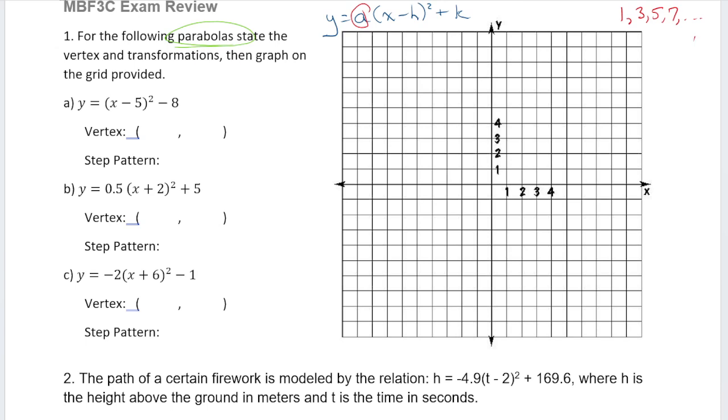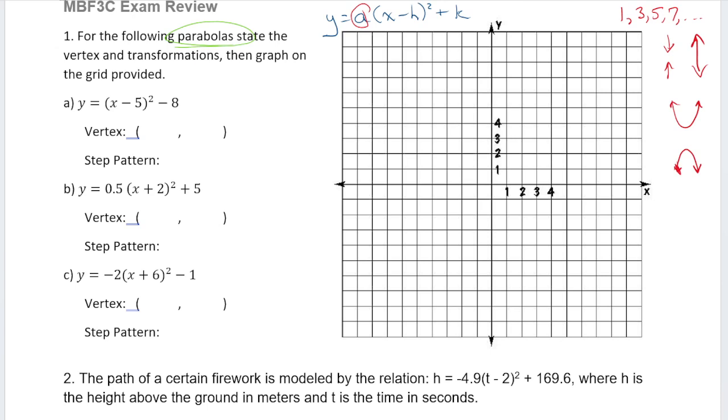It's going to stretch it vertically. If it's a number less than 1, it's going to compress it vertically, which is going to make it look wider. And if a is negative, it's going to flip it upside down. So normally a parabola opens like that. If a is negative, it's going to open like that instead, right?